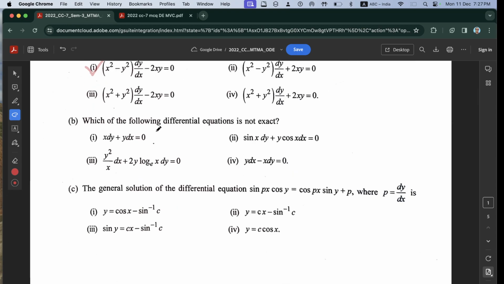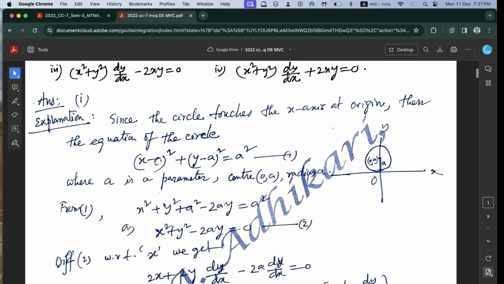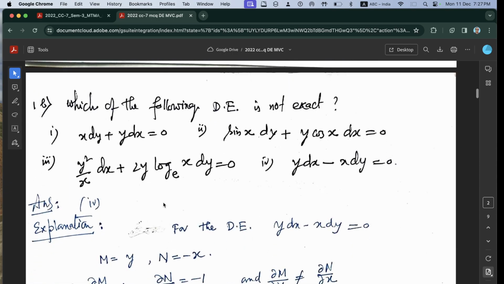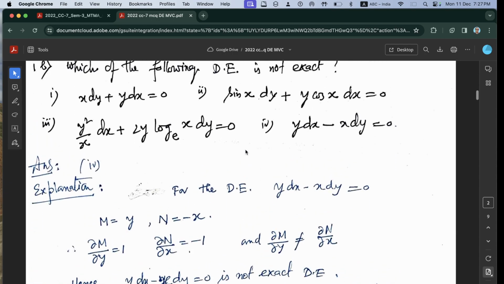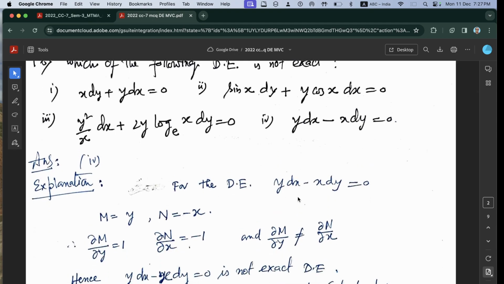1b. Which of the following differential equations is not exact? For the given differential equation y dx minus x dy equal to 0, comparing with M dx plus N dy equal to 0, M equal to y, N equal to minus x.